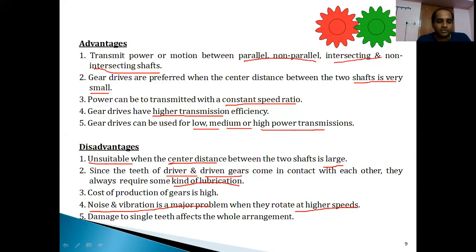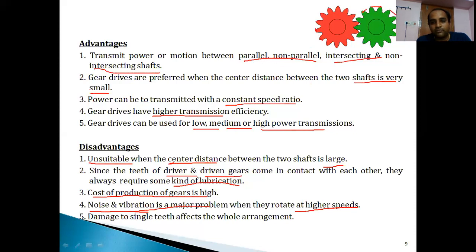Compared to belt drives, the cost of production of gears is comparatively higher in nature. We cannot use the gear drives very easily. Their cost is very much higher when compared to the belt drives. During the usage of gear drives, you have seen there are many teeth present on these gears. You can see this is one tooth, this is the second tooth, this is the tooth you can see here.